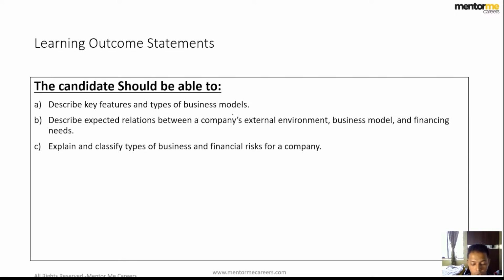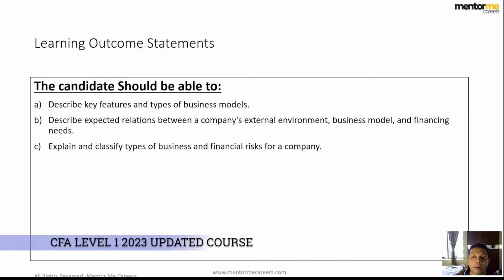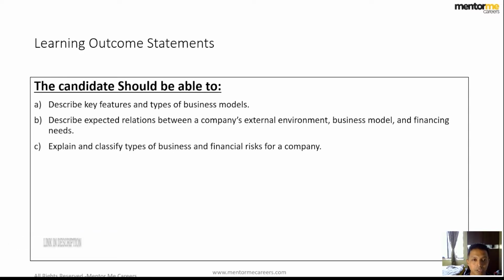The second is to describe the expected relation between a company's external environment, business model, and financing needs. It's more of trying to understand how a business operates under various conditions like competition and regulatory environment, which is what the second LOS is trying to target.